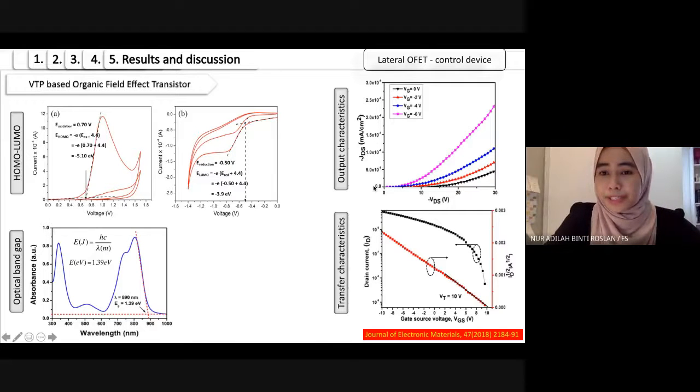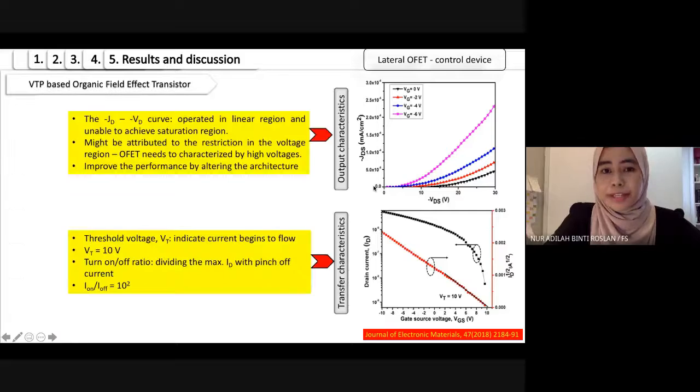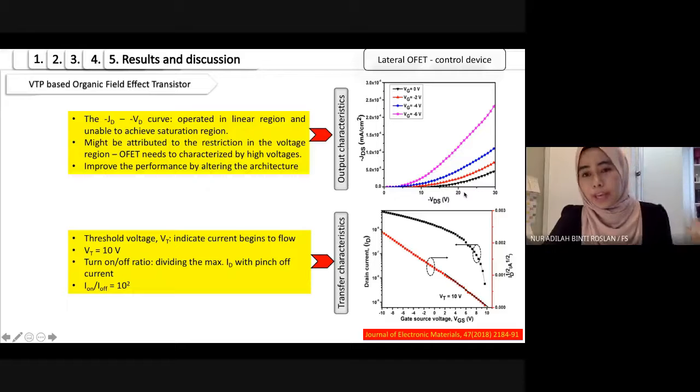So for the output characteristic, for the lateral FET here, you can see it is only linear region, and it is unable to achieve the saturation region. This is because most of the offset will act at the higher voltage. But right here, we just apply until 30 voltage. So usually for the offset to work, it needs high voltage to get the saturation region.